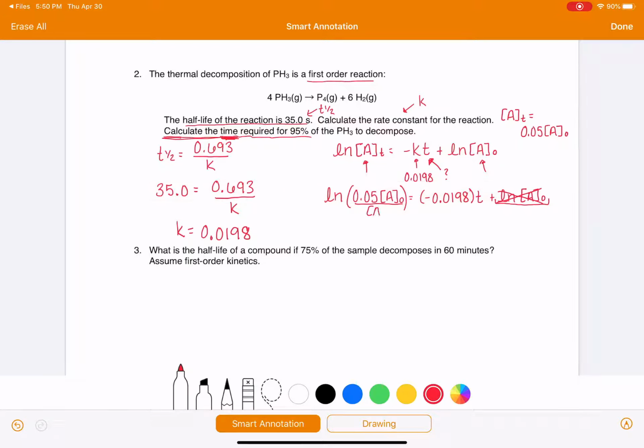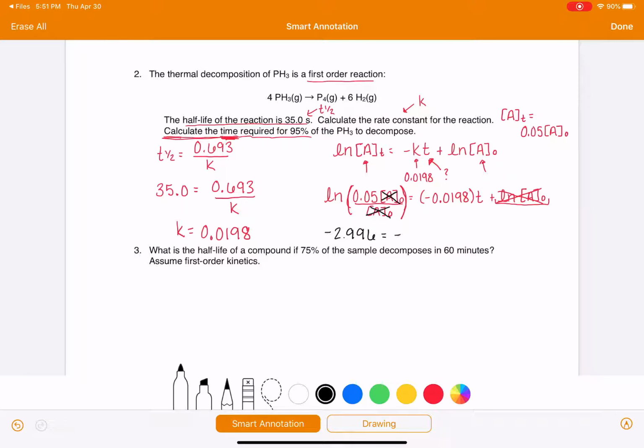And if you forgot about that, look back in your notes on when we derived the half-life for the first order reaction, because that's where I walked through that step more slowly. And when we do that, our term A initial ends up canceling out, which is perfect. So we end up with the natural log of 0.05, that is negative 2.996.